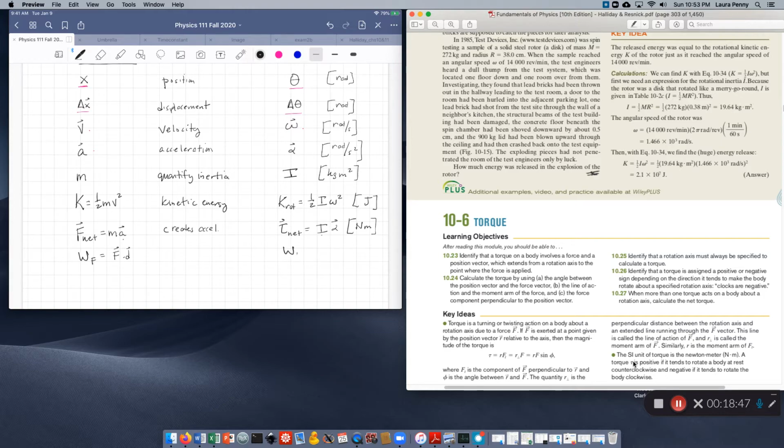Now the work done by a torque is, we have force, and what stands in for force is torque, and what stands in for displacement is angular displacement. And so this is work done by a force or a torque.